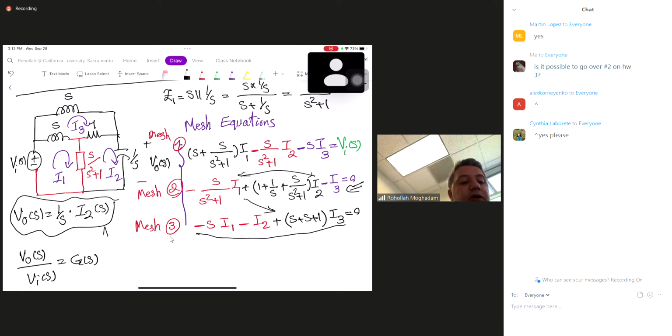Once you have found I2 of S with respect to VI of S, if you multiply that with 1 over S, you will get VO of S. So I don't want to spend time on this, because the main equations are these 3 equations. And I may just ask you in the exam to write the mesh equations.